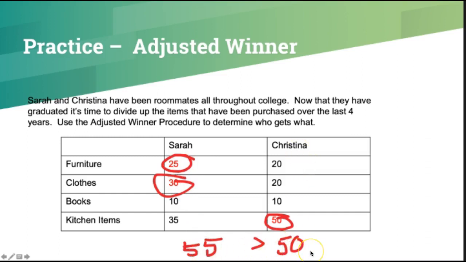And this wouldn't be fair division, would it? Because Sarah would be getting more. But we still haven't divided up the books. So there is a way that we can give Sarah her top 2 items, Christina her top item, and then divide what's left of the books so that they're each getting a fair share.